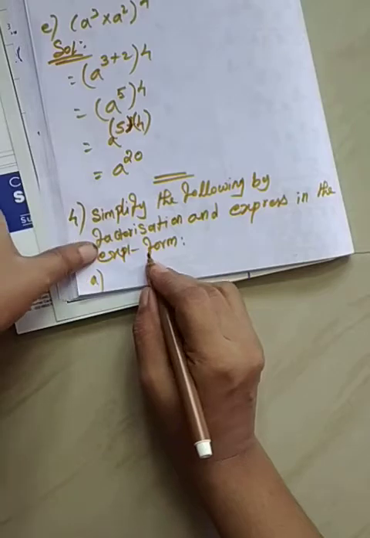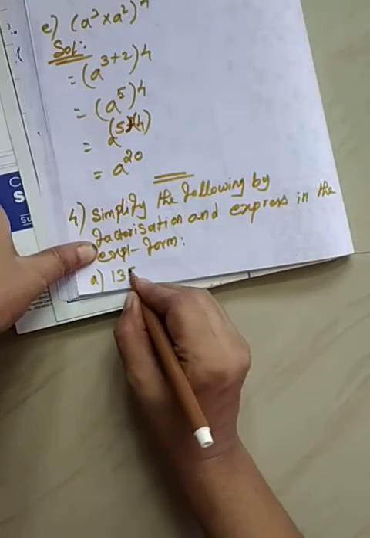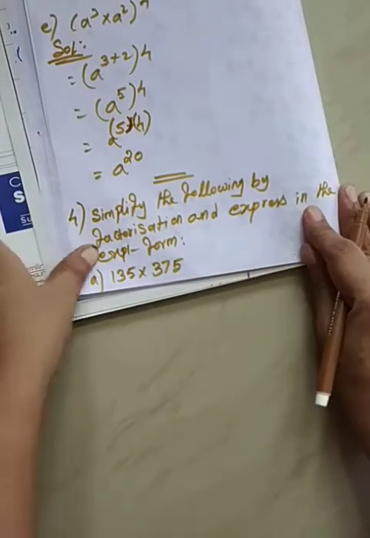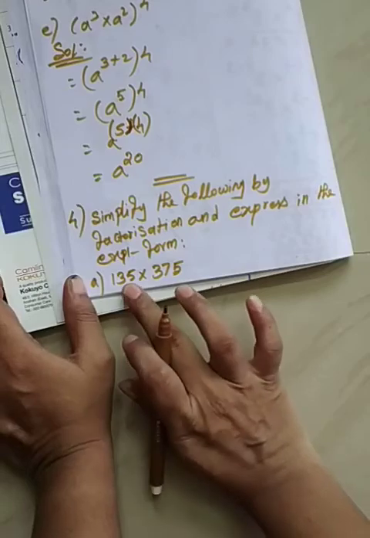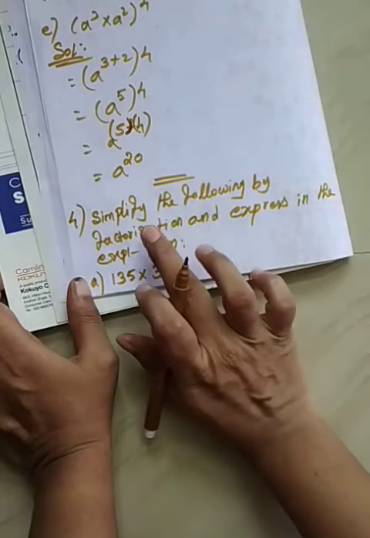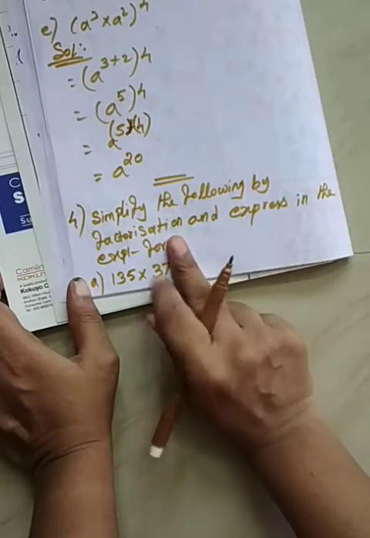The first problem, 135 into 375. See, everybody knows the multiplication terms. Okay, but you can use, see the question, simplify the following by factorization.